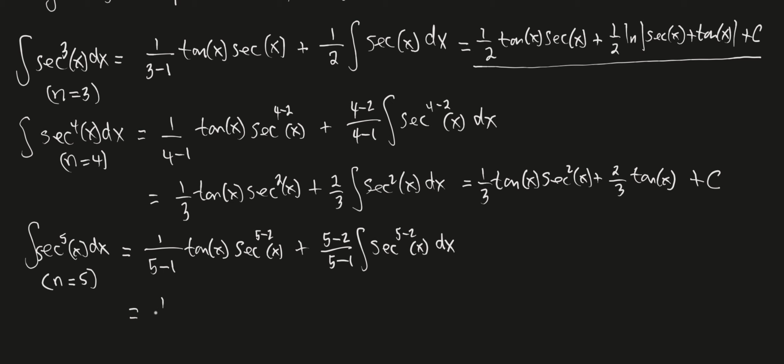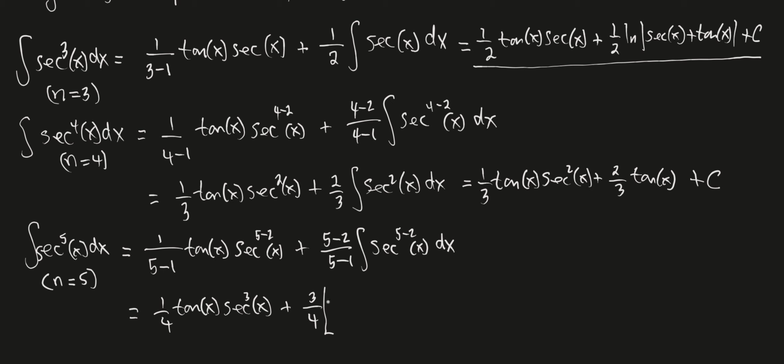So this is now 1/4 tangent of x times secant cubed plus 3 over 4, and then this is secant cubed. Well, let's write down what the antiderivative of secant cubed is. It's all of this. Now it's 3/4 times all of this.